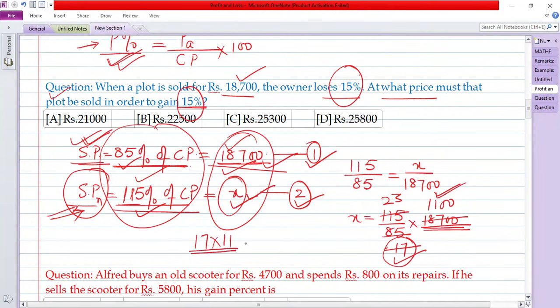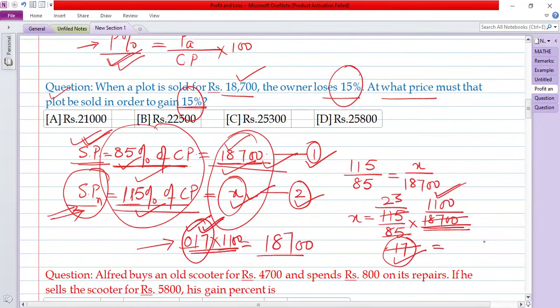First we write the unit digit 7, then 7 plus 1, which is 8, and then 1 plus 0, so 187. Obviously the remaining is 100, because here it is 1100. I have already discussed this in one of the previous lectures, so please do watch. Now it is once again 23 into 1100.